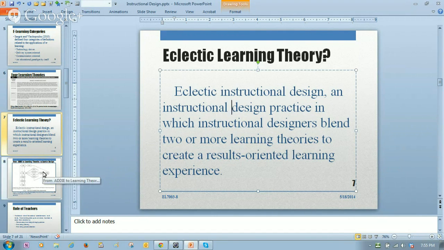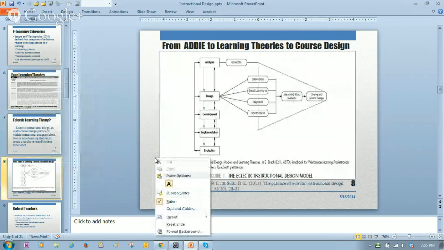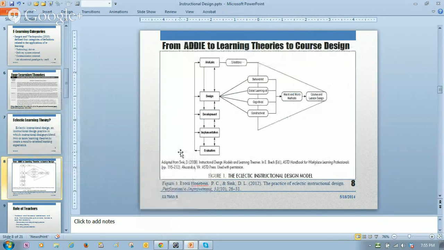And I can explain this a little better as I move on. Same, let's see, from this same article, the author put this diagram together. And actually, as you can see, he adapted it from another work.